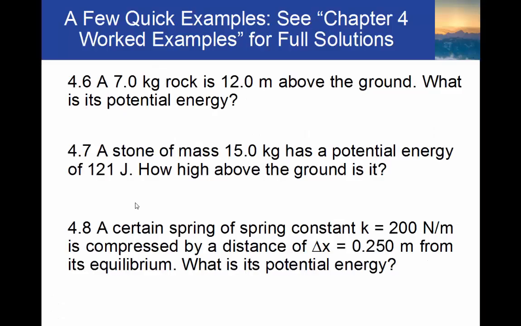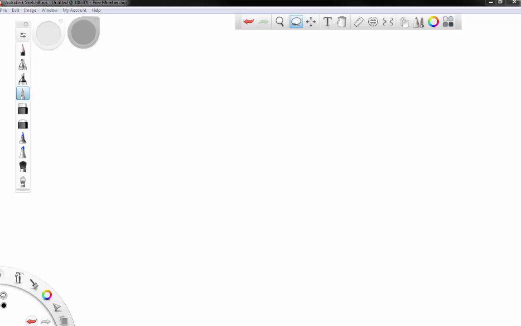Now that we've worked through a few kinetic energy problems, I wanted to work a few potential energy problems. The first of these is this problem about a 7 kilogram rock 12 meters above the ground, and we want to know what is the potential energy. In order to get the potential energy, we have to define the position where the height is 0.